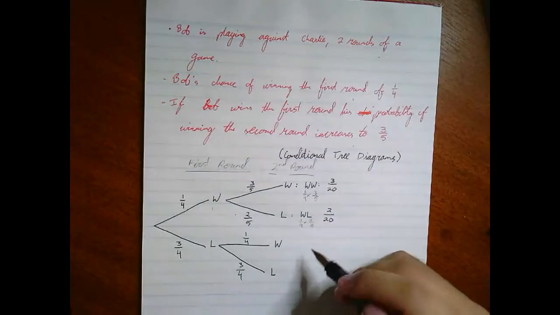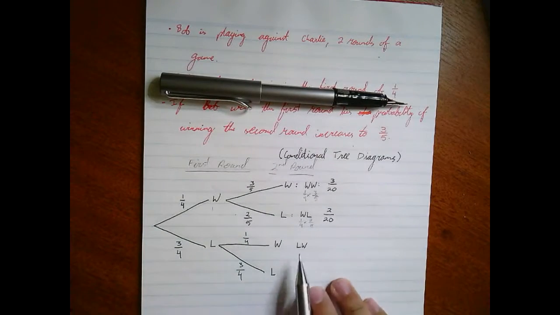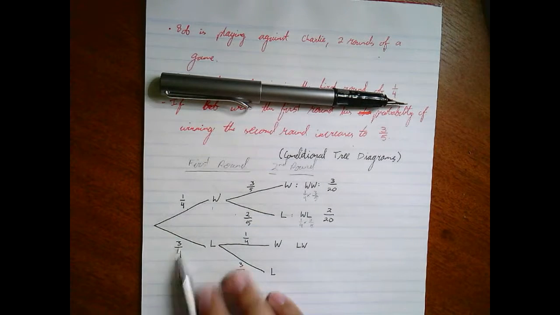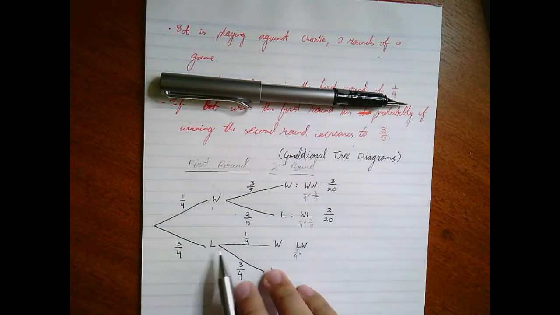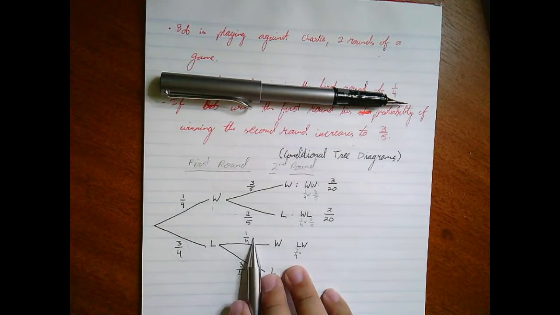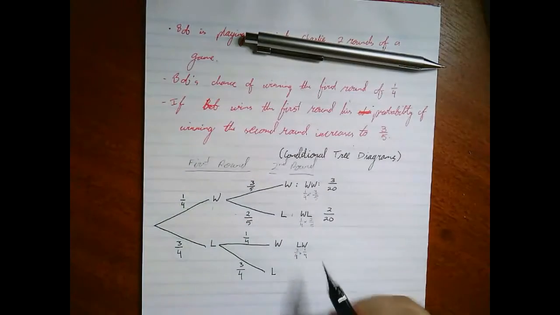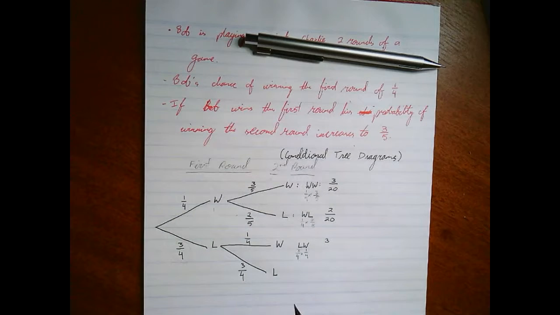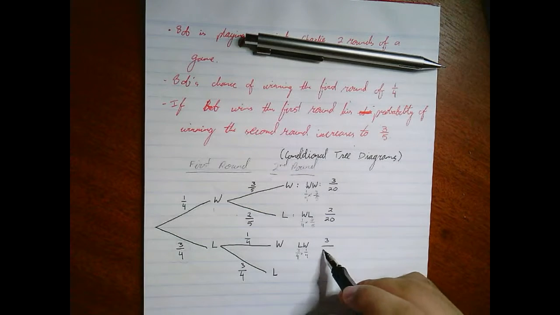So this path, it's a loss and then a win. So what's the probability of him getting a loss and then a win? So an L then W, well, it's 3 out of 4, that path, times 1 in 4. That gives us 3 times 1 is 3, and 4 times 4 is 16.